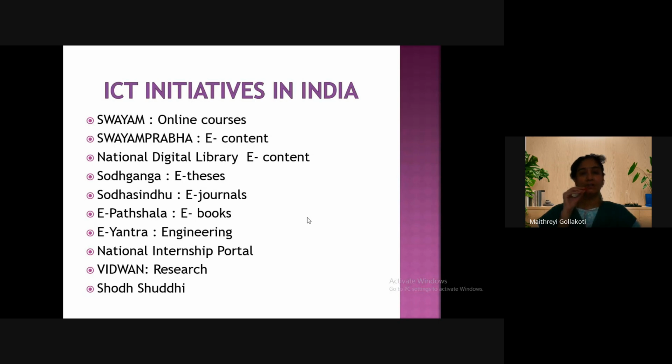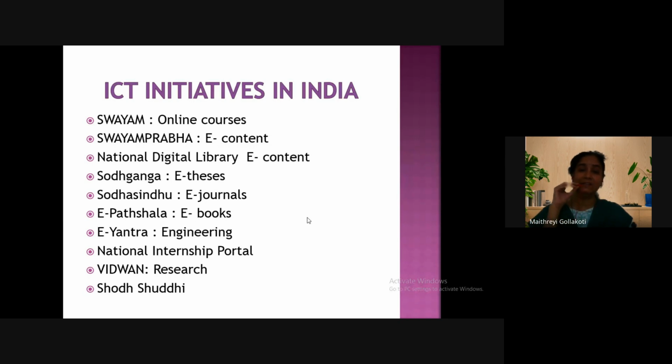Next is Shodh Sindhu. Shodh Sindhu has all journals in digital form. You can access any journal through it. And next is e-Pathshala. E-Pathshala has textbooks on all subjects easily available.